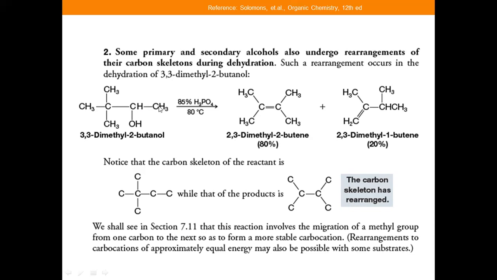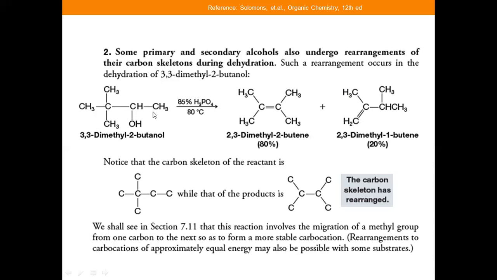You only have one kind of beta proton actually, the CH3. Now, your main product should have been CH3, CH3, CH3C, CH double bond CH2. But you don't get this.